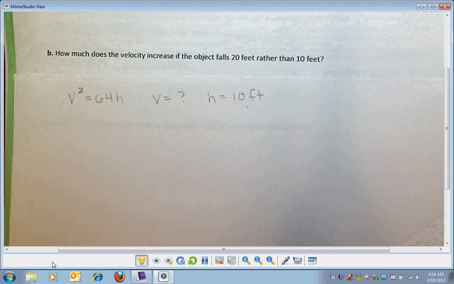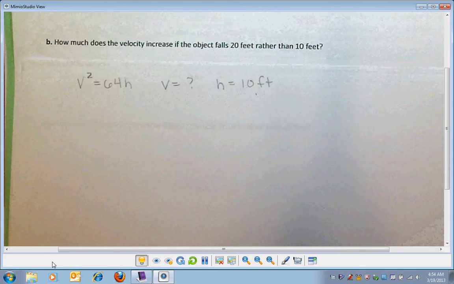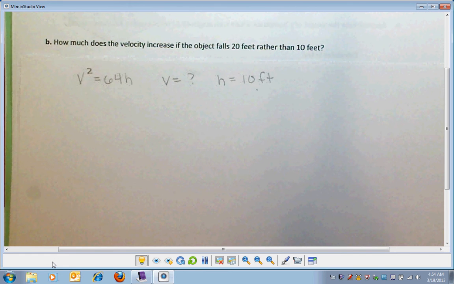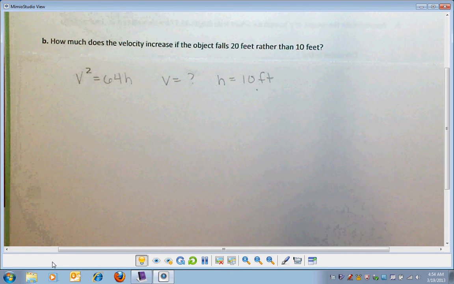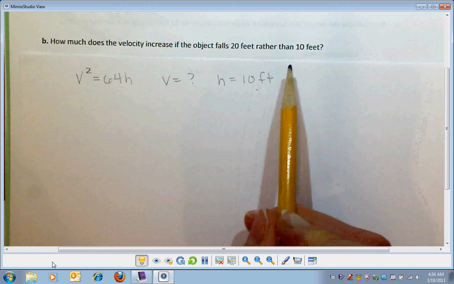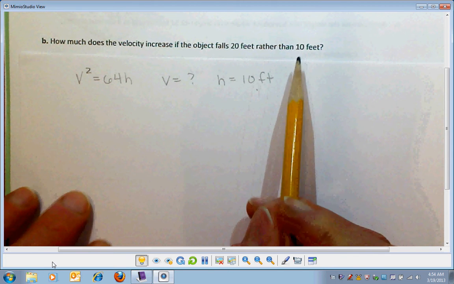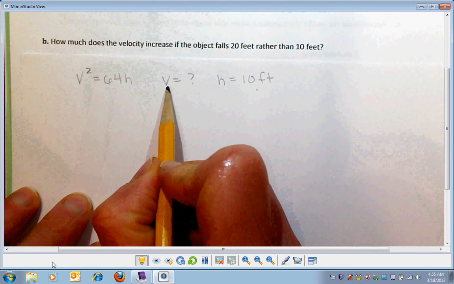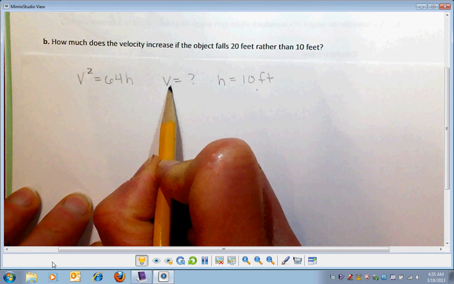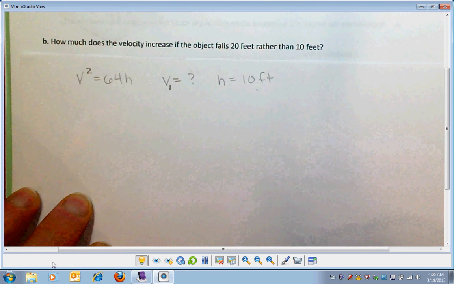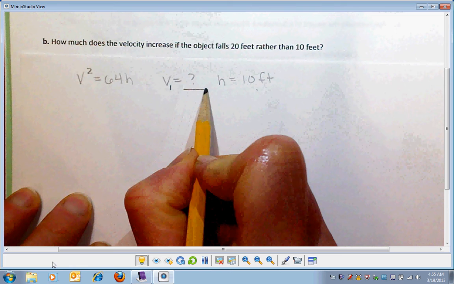So in the second part, it's asking us how much does the velocity increase if the object falls 20 feet rather than 10 feet. In this one, we discovered what our first velocity was, and I had you figure that out.